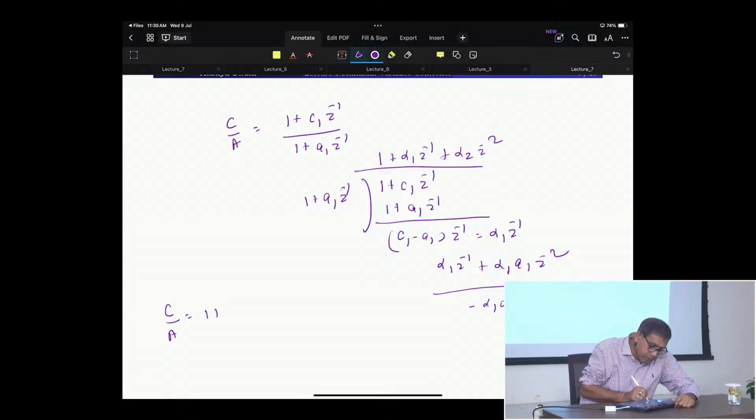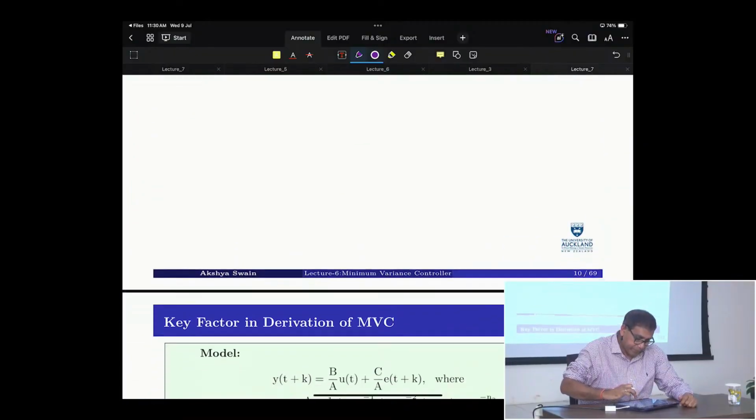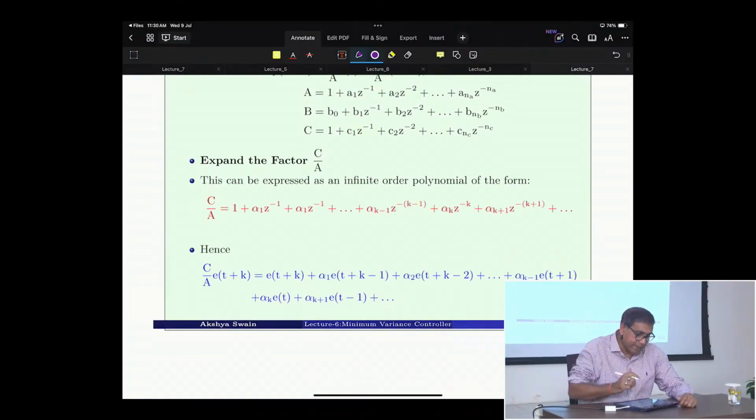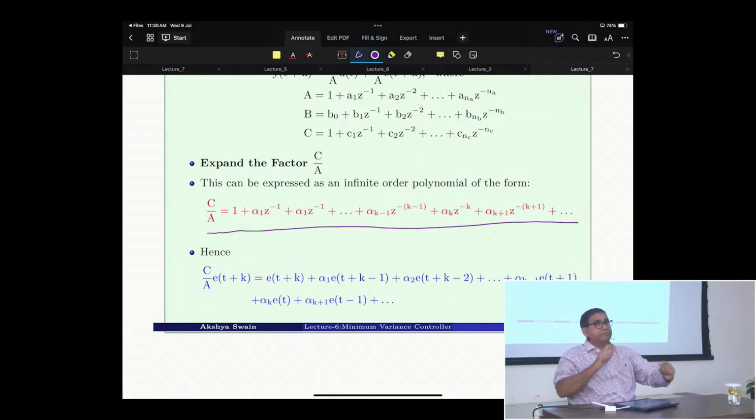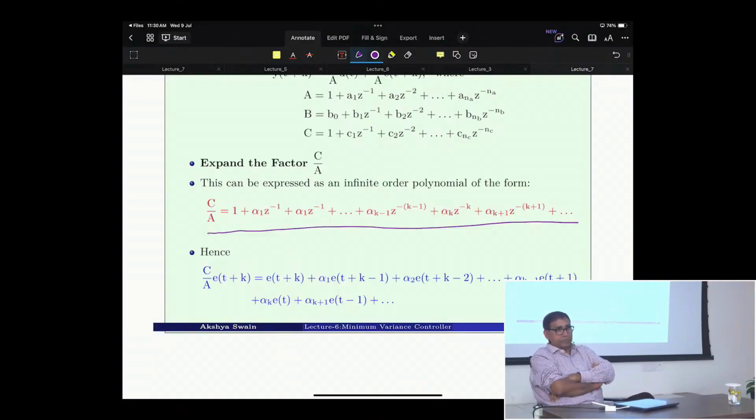That is called 1 plus alpha 1 z to the power minus 1 plus alpha 2 z to the power minus 2 plus up to something like this. You see, the C by A, if you do this particular division, it will be an infinite series.